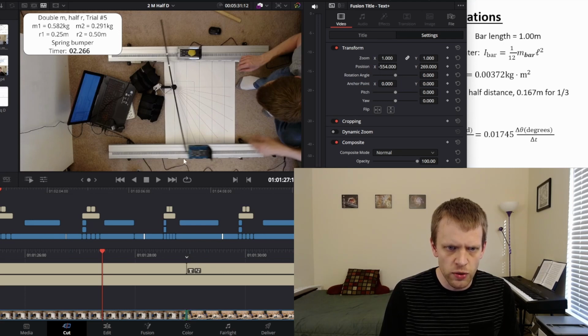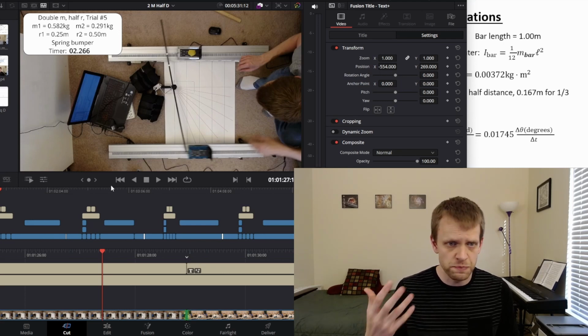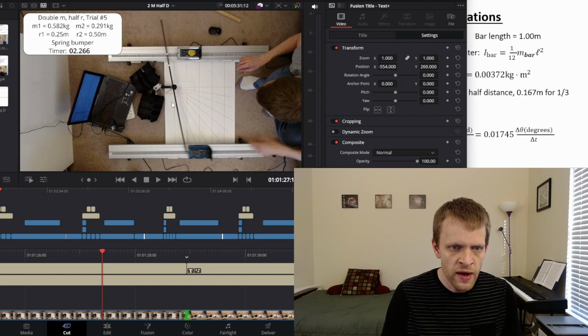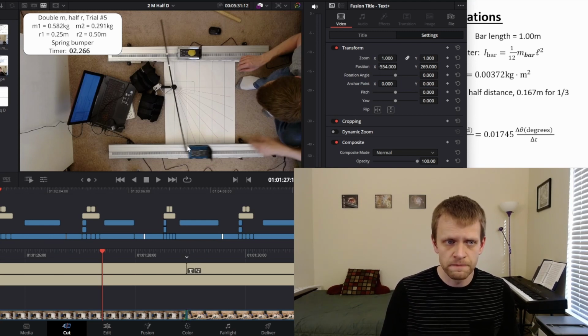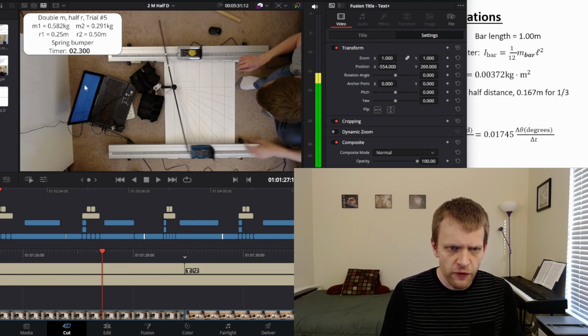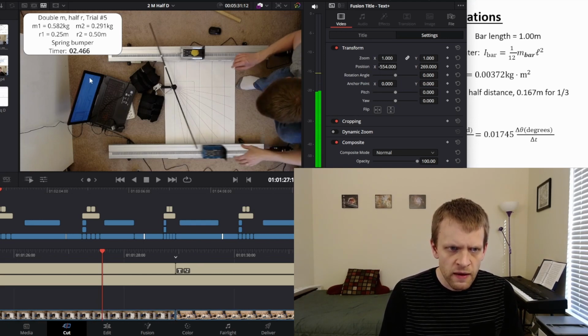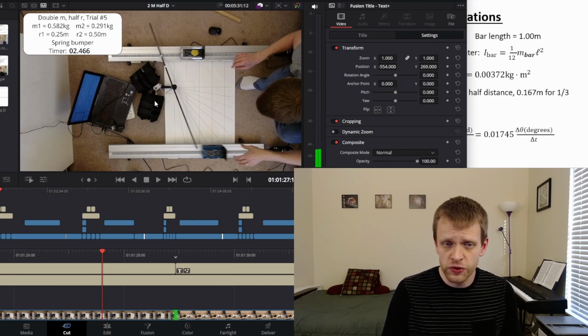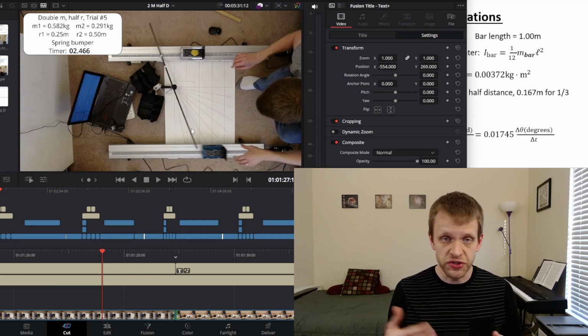The lever is no longer in contact with the cart, so it's not going to be speeding up or slowing down anymore from there. And it's just before the 10-degree mark. Okay? And the time is 2.266 seconds. If we frame ahead a little bit, then at 2.466 seconds, well, the lever is just behind the 20-degree mark.